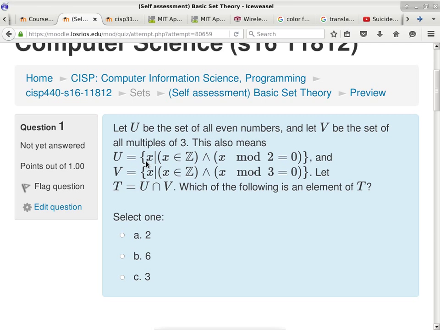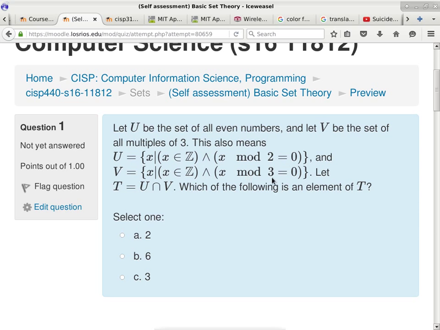In this case, you read it as U is a set, because we use the curly braces, where each element X has to meet 2 requirements. It has to be an element of Z, where Z means the set of all integers, and X mod 2, the remainder of X divided by 2, has to be 0, because that means X is an even number.